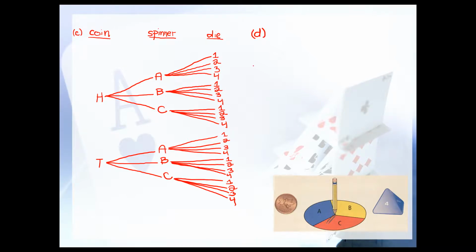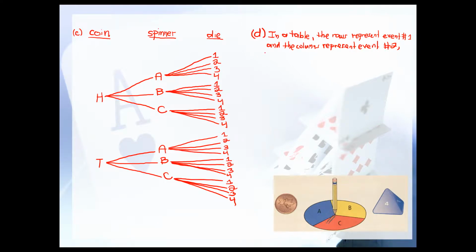So maybe the way I would just justify it here is I would say in a table, the rows represent event number 1 and the columns represent event number 2, which is a maximum of 2 events.